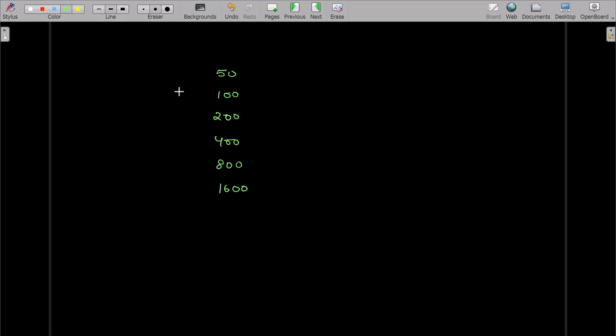Or maybe you have to find out what will be this value. So let's say these values are y, and x values are 0, 1, 2, 3, 4, 5, and we have to find out what will be the value of y when x is equal to 100, let's say.